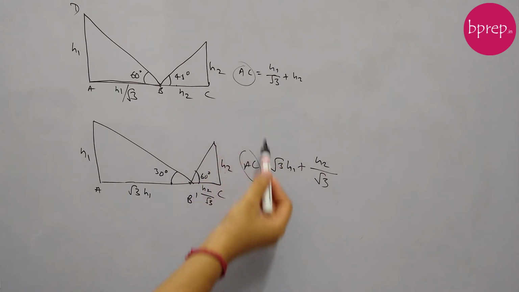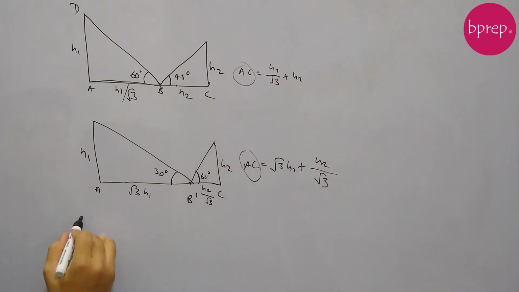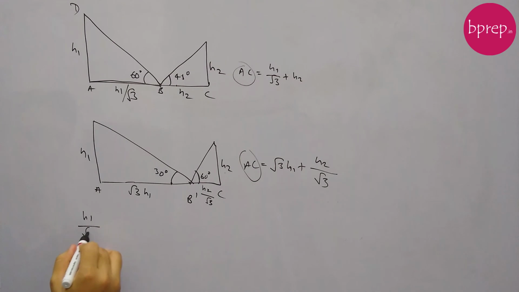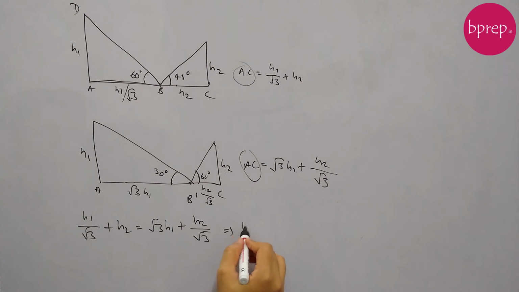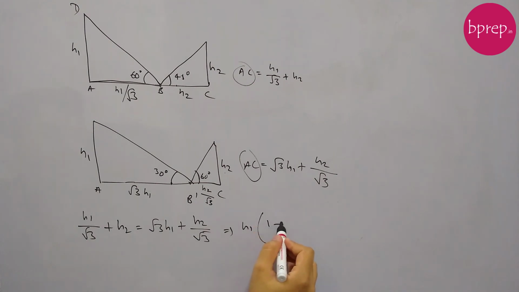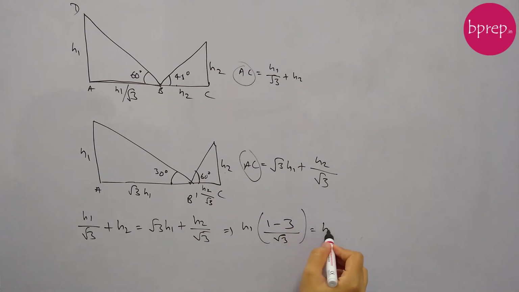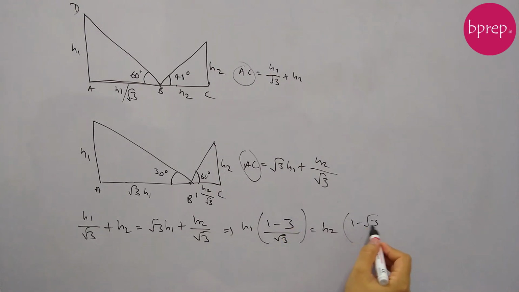So by comparing AC in both these two equations, can we write h1 by root 3 plus h2 equals root 3 h1 plus h2 by root 3, right? We have just compared AC, and then taking h1 and h2 on the same side, what will we have? So can we write h1 (1 minus 3 by root 3) equals h2 (1 minus root 3 by root 3), right?